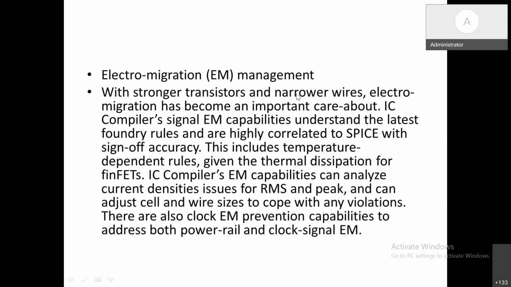So you should have IC compilers that can analyze the current density issues for your RMS and peak values, and they can adjust the cell size and wire sizes to cope with any violation.